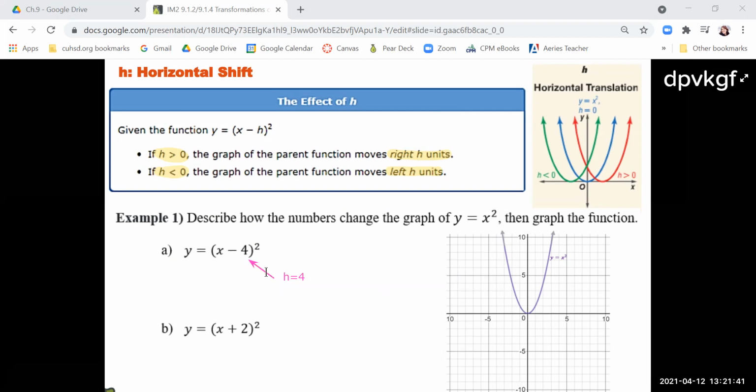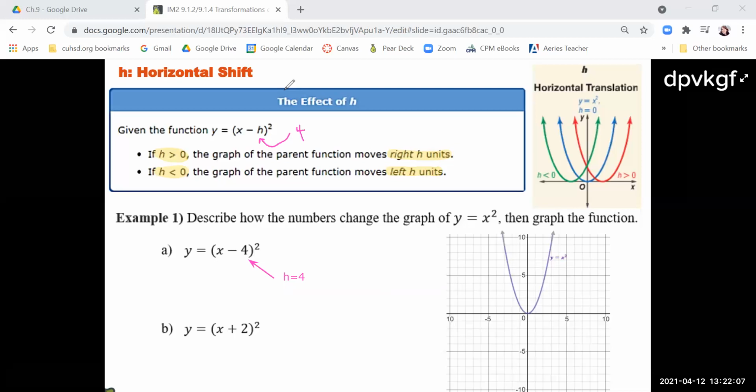But so what this means is, think about it. If h was 4 and you plugged a 4 in for h right here, it would look like x minus 4 because the equation itself has a minus. So when you see a minus inside the parentheses, the h value is the opposite.